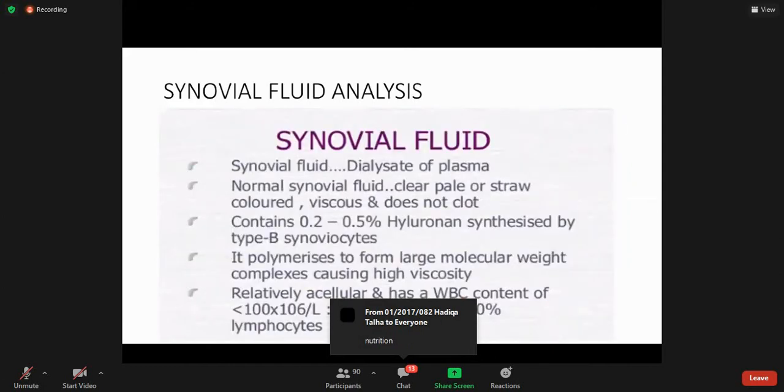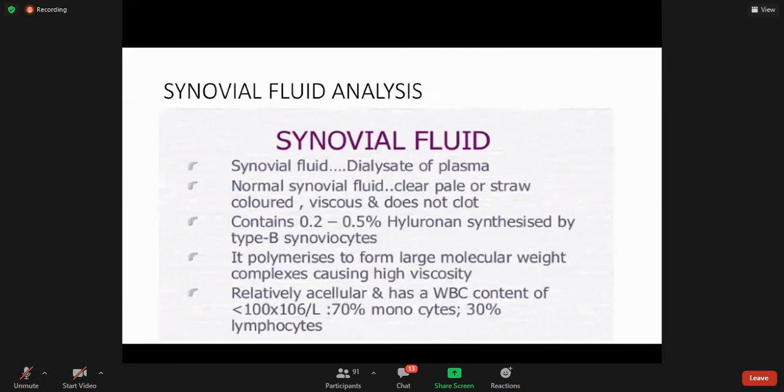So synovial fluid is actually a dialysate of plasma. Dialysate of plasma means dialysis. I hope you have heard the term dialysis. Yes, nutrition, very good. Adhika, abbreviation, very good. Okay, I hope that you are aware of the term dialysis.